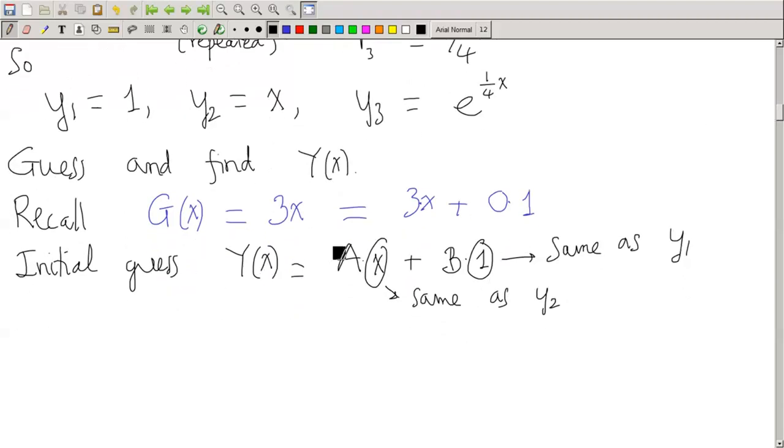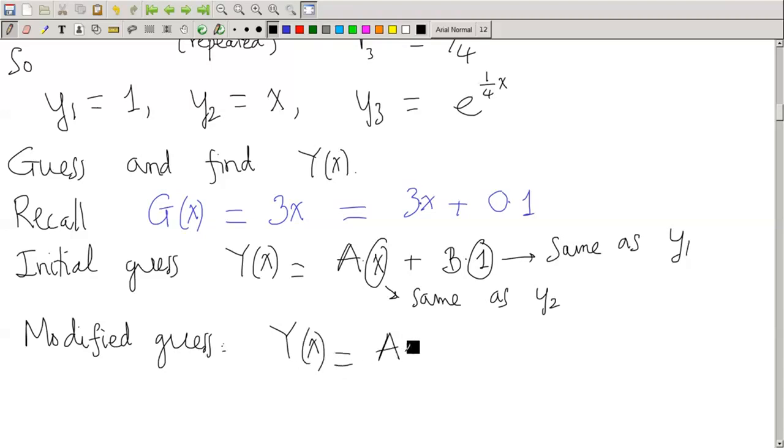So whenever we have something the same as y1, we need to modify the guess by multiplying by x, so we should have ax squared plus bx.